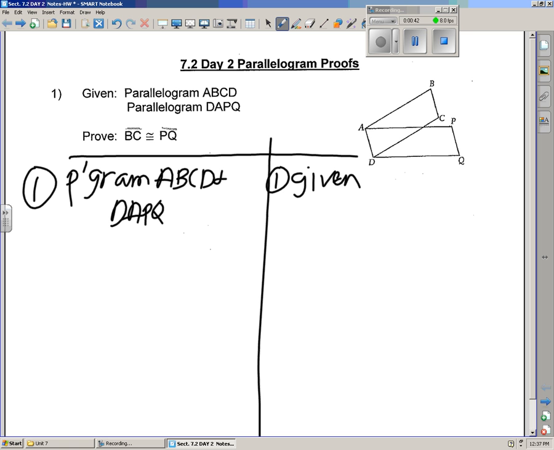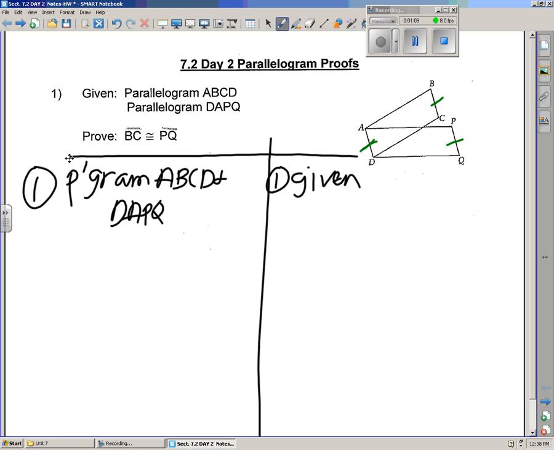You're wanting to get BC and PQ being congruent sides, and you should notice that AD and BC are going to be congruent because opposite sides of a parallelogram are congruent, and AD and PQ are congruent for that same reason. Well, if you've got one side congruent to another, and that side congruent to a third, then those first two sides have to be congruent to each other. And that's by the transitive property.